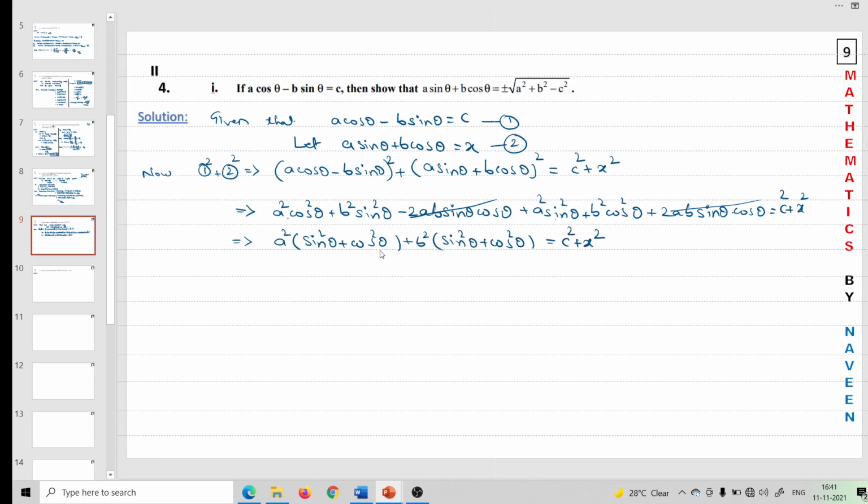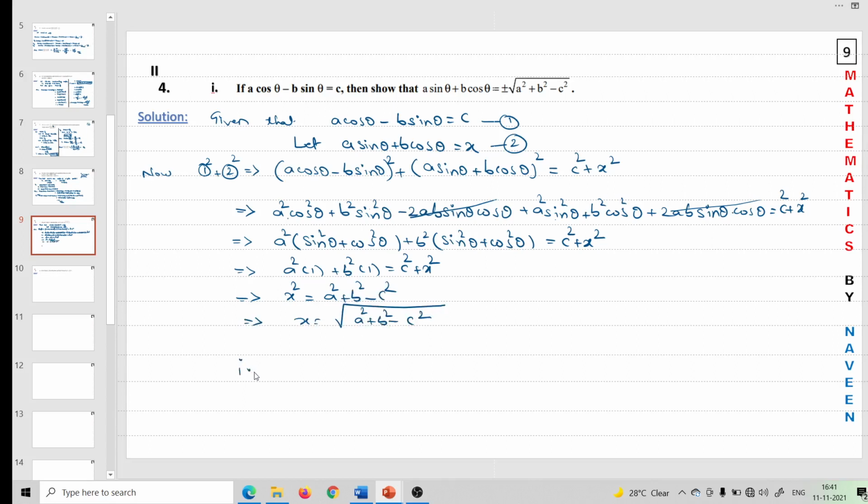This total value is 1, so A square of 1 plus B square of 1 is equals to C square plus X square. So from this, X square value can be written as A square plus B square minus C square, which is nothing but X is equals to square root of A square plus B square minus C square.